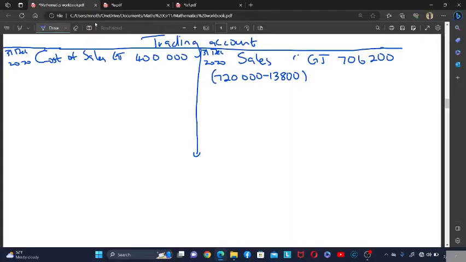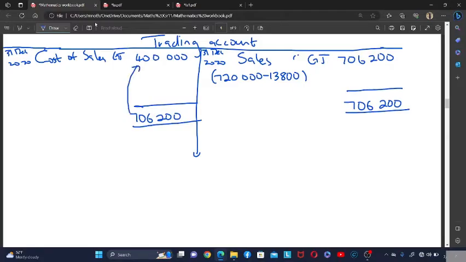The next step is to check which side is bigger. The bigger side here is the credit side. So you must equate both sides with the bigger side. Then you check how much the difference between the two is.